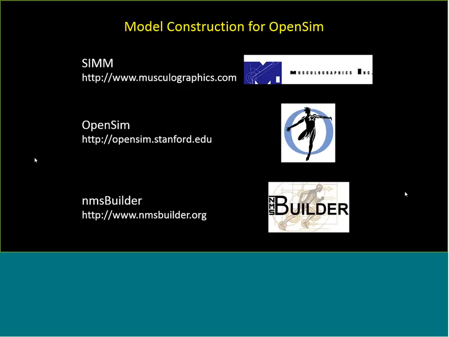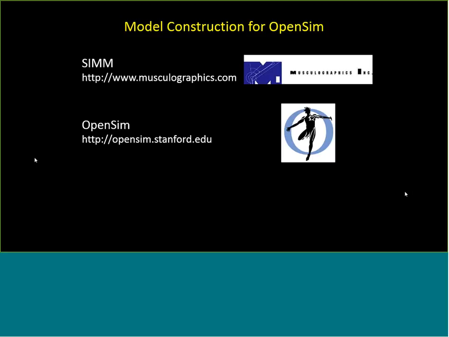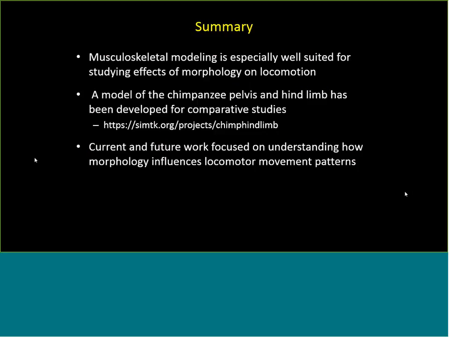And so just to wrap up, I'd like to reinforce this idea that musculoskeletal modeling is a really useful approach that's complementary to the traditional approaches used to study functional morphology and how it relates to behaviors like locomotion. The ability to actually have the morphology represented in the model makes it a really powerful technique. In this vein, we've developed a model of the chimpanzee musculoskeletal system, pelvis and hind limb, and corresponding anatomy that's freely available to anyone who wants to use it.